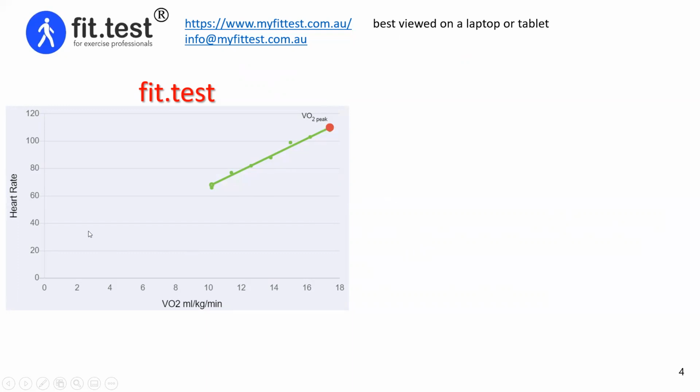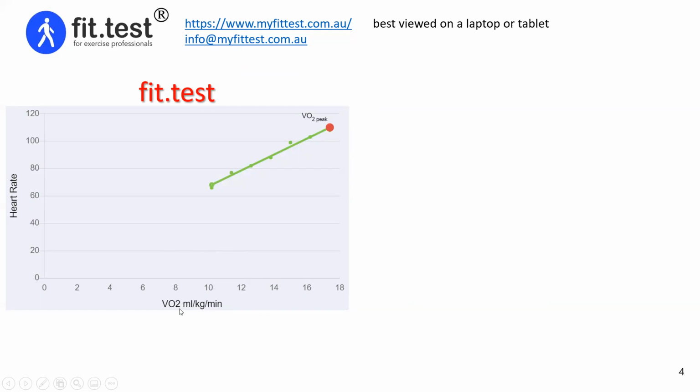Now you'll see here that heart rates are actually shown on this graph. And this is where the important differences are, between what I just said in the previous slide in terms of my concerns about most of the step tests and what fit.test is based on.